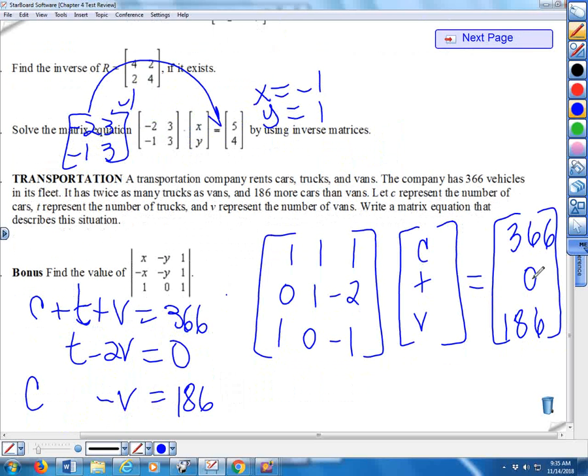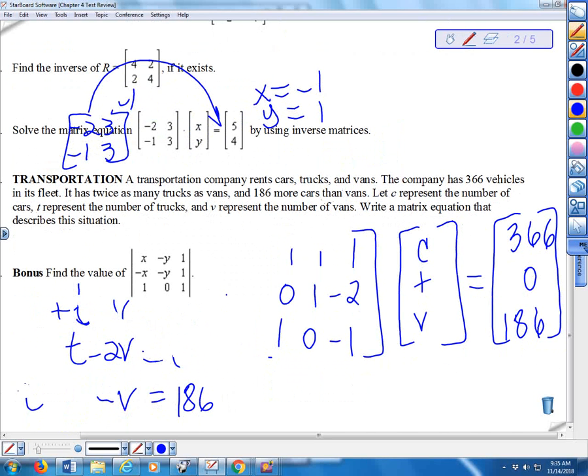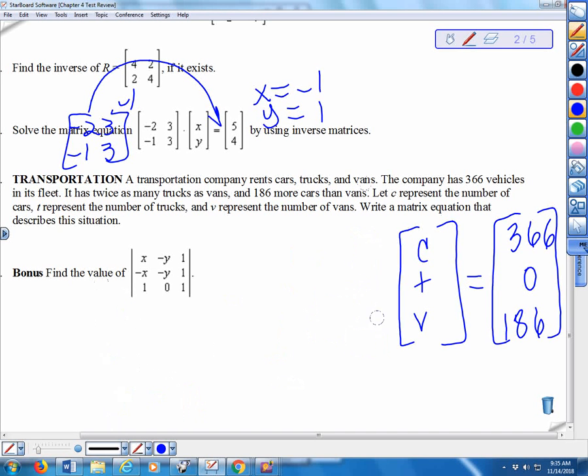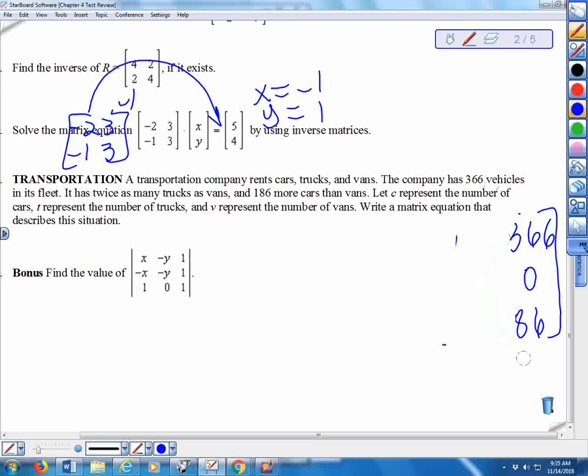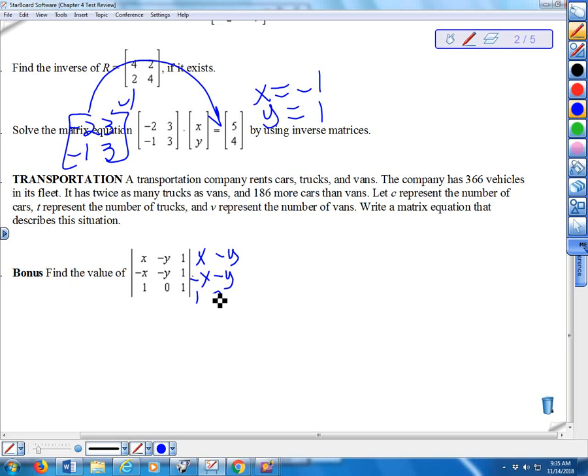Okay. Last one is the bonus. This one you couldn't use a calculator because the calculator doesn't recognize variables. So we actually had to do the determinant here manually. So I'm just going to repeat. The diagonals.